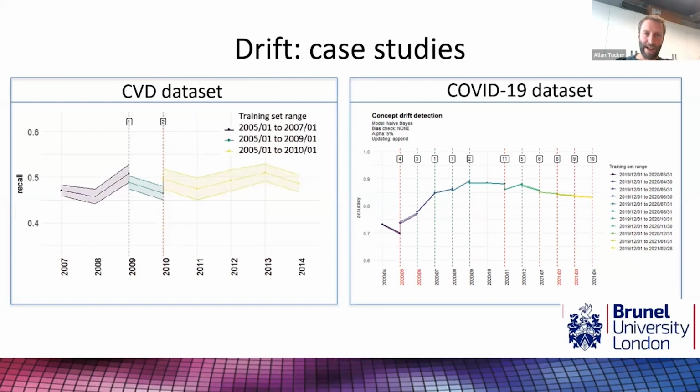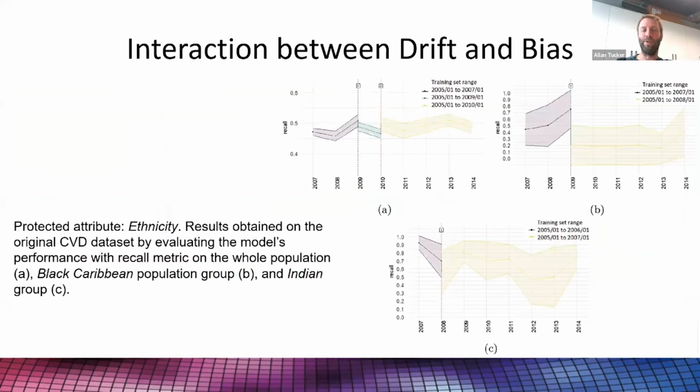What I want to talk about now is how drift and bias can interact. What we found was that even for cardiovascular disease, which you can see has that relatively stable original performance on the top left, performance varies when you look at different ethnicities. Here in B, you can see how the same model is performing. It finds a drift at the same sort of point in 2009, but a collapse in performance for the Black Caribbean population.